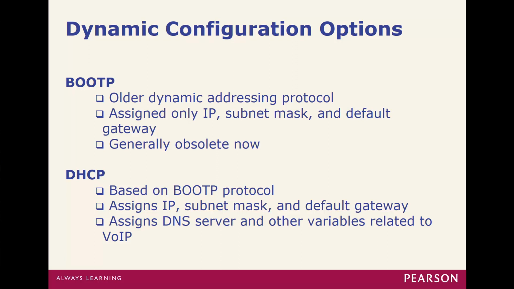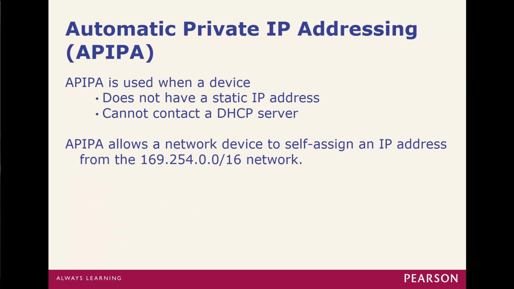And that means dynamically or automatically assigning addresses. The old protocol was BOOTP, and our new one is DHCP, which is based off BOOTP. They assign all the information that's needed. Again, another one is APIPA. That's a 169.254 anything.